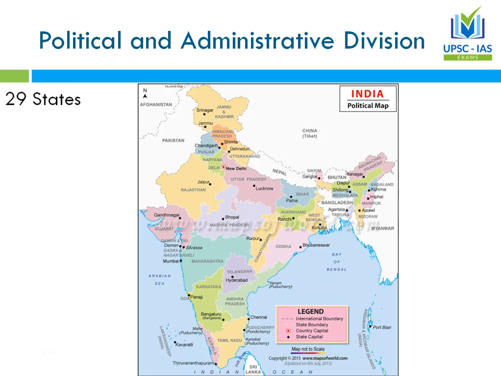And day by day, as you start observing, if you become habitual of using your atlas on a regular basis, a time will certainly come when the whole map of our country will be in your head. Even in the middle of the night, if someone asks you to explain where Meghalaya is and the states surrounding Meghalaya, it would be very easy for you to explain.